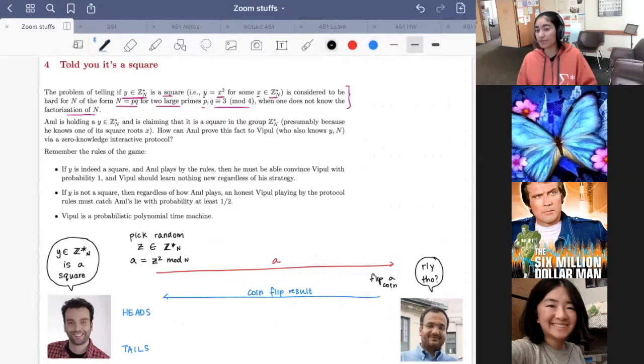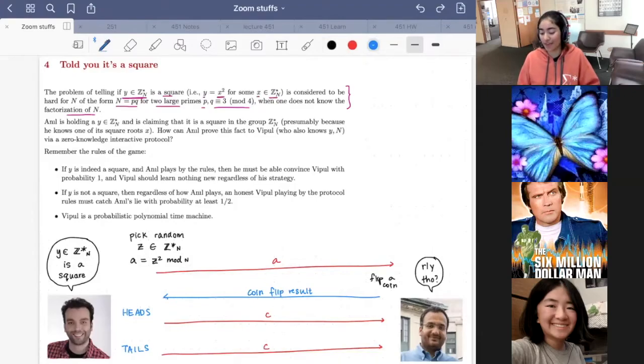So if the coin flip result was heads, then, in both cases, Ada is sending over some number c back. So only one of these red arrows happens. He's sending over some number c. In the case that it's heads, Vipul is going to check that Ada actually followed this part of the protocol. In other words, this part of the protocol is basically saying that Ada knows what the square root of a is, because if he followed the protocol, it should just be whatever he chose z to be.